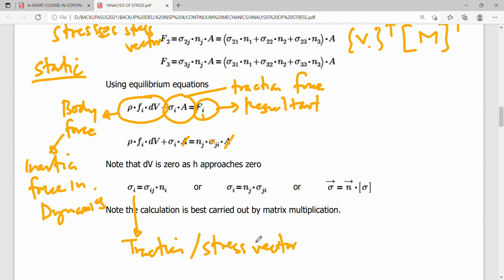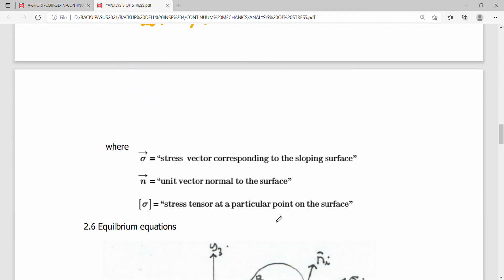This stress vector is solved by simply making use of the stress tensor multiplied by the normal vector. And in matrix multiplication, it's easy to come up with an n dot sigma for this particular case, where the stress vector, the unit normal vector, and the stress tensor are represented respectively.